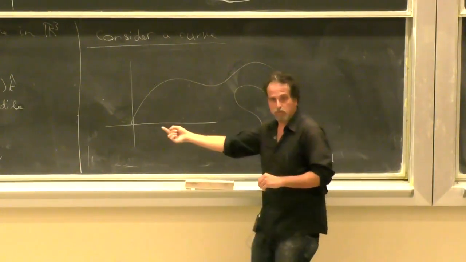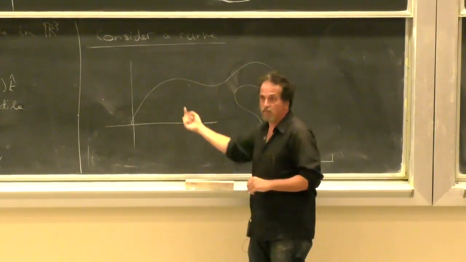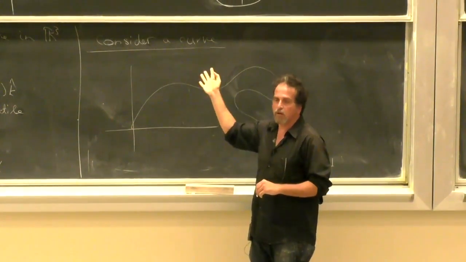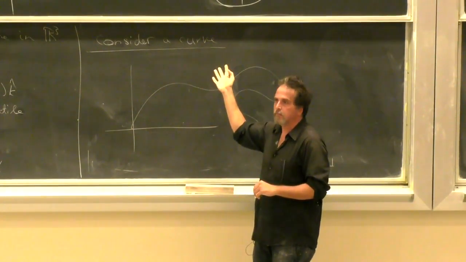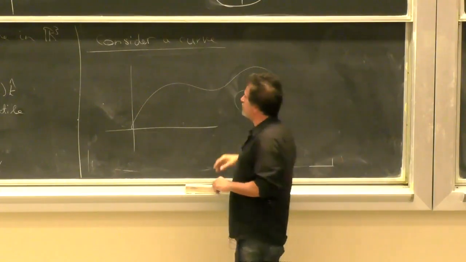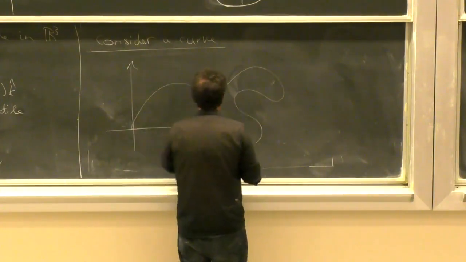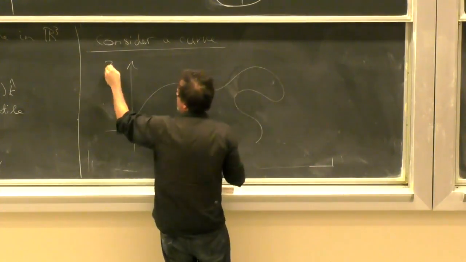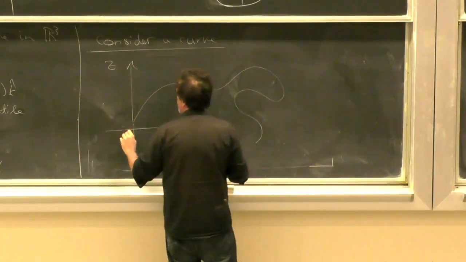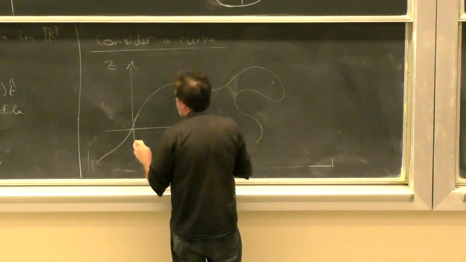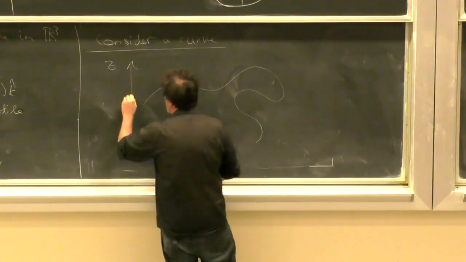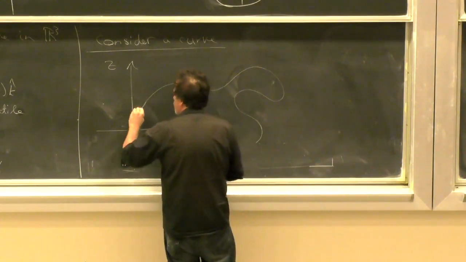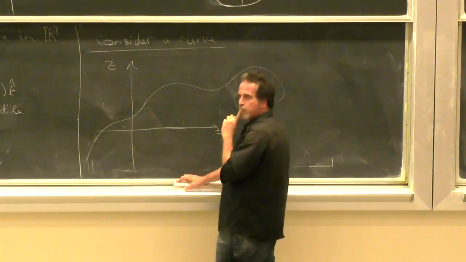It can be closed. It can intersect itself. You can do whatever you want. So this is going to be like x, and say this is going to be z, y might be into the board. And there's no reason that it goes through the origin. I tend to draw them so that they're going through the origin, but there's no reason that it should.